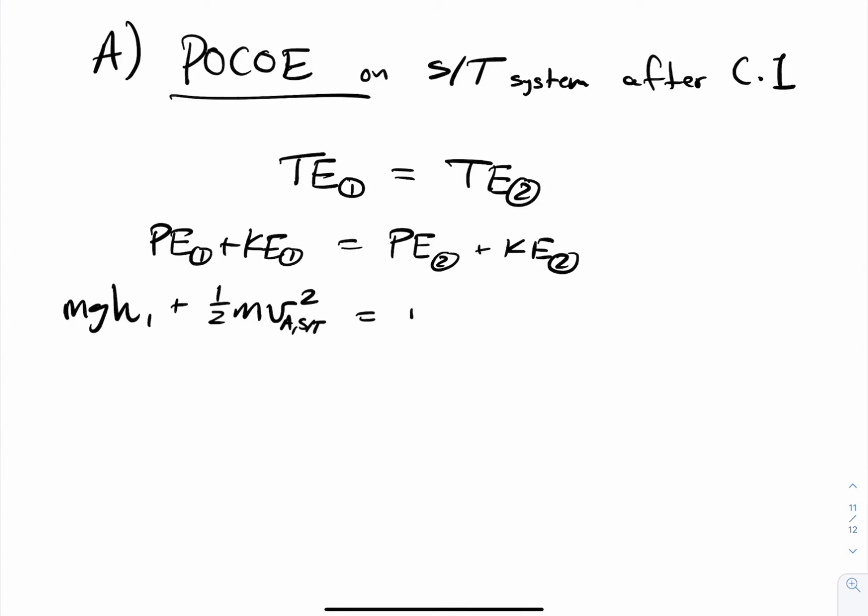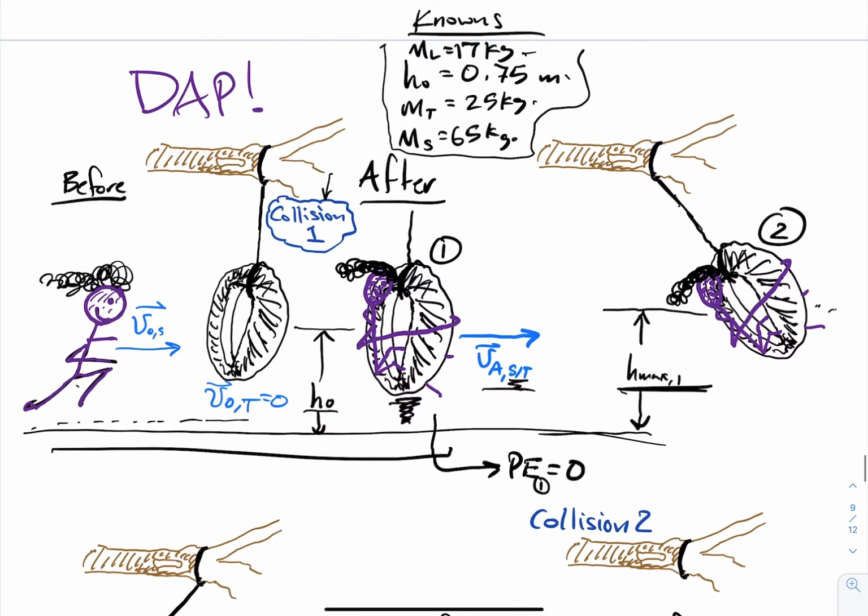And that will equal mgh, and we're going to say that's max 1, plus 1/2 mv2 squared. And v2 would be up here, where we could note v2 equals 0.